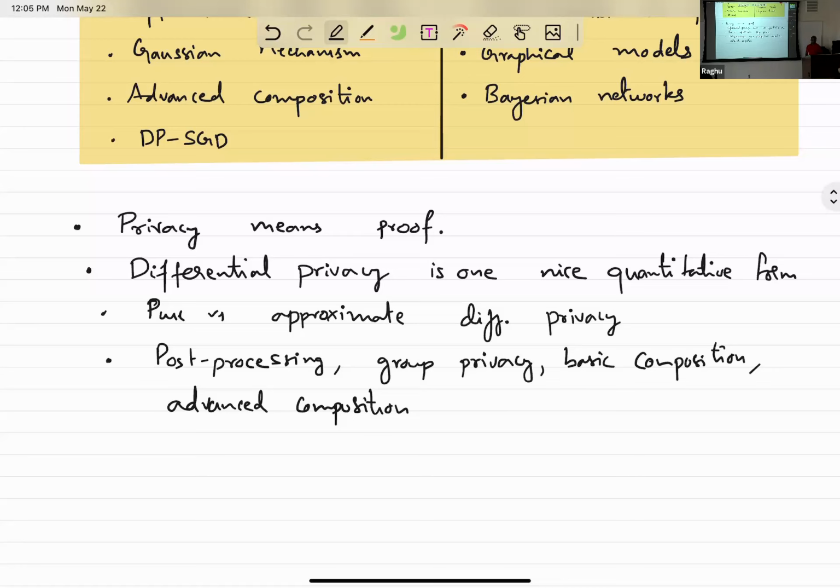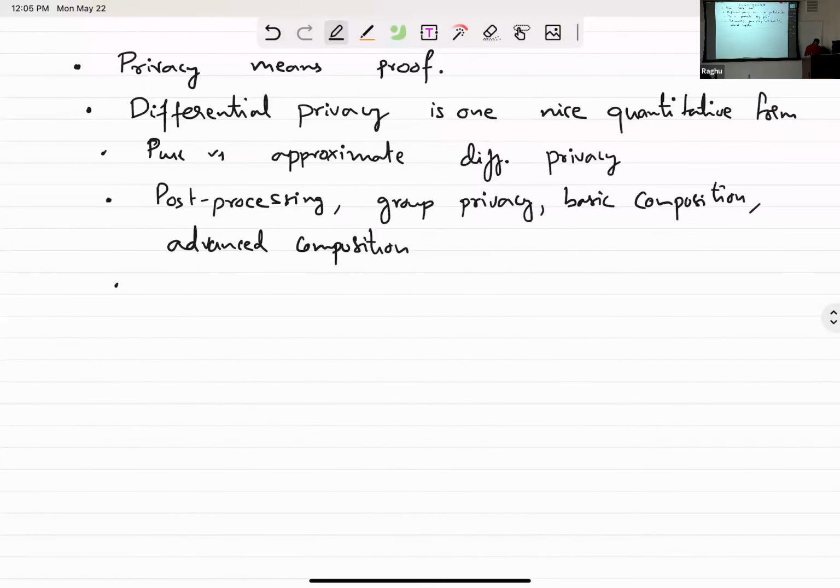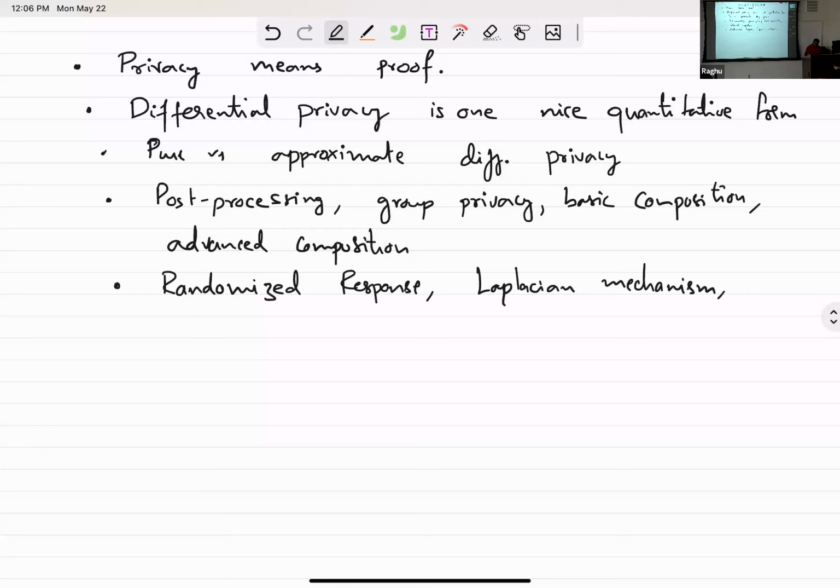Okay. And then we had 4 generic algorithms. I should say 5 actually. The first one was randomized response. Right, then we had the Laplacian mechanism, the exponential mechanism.